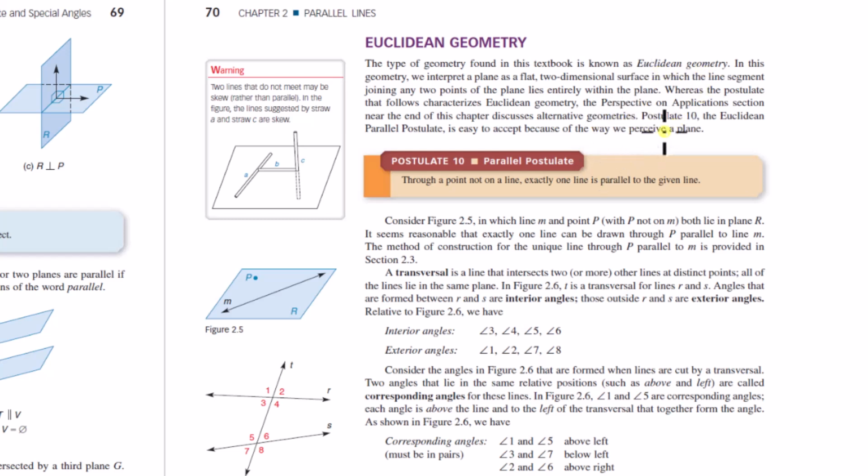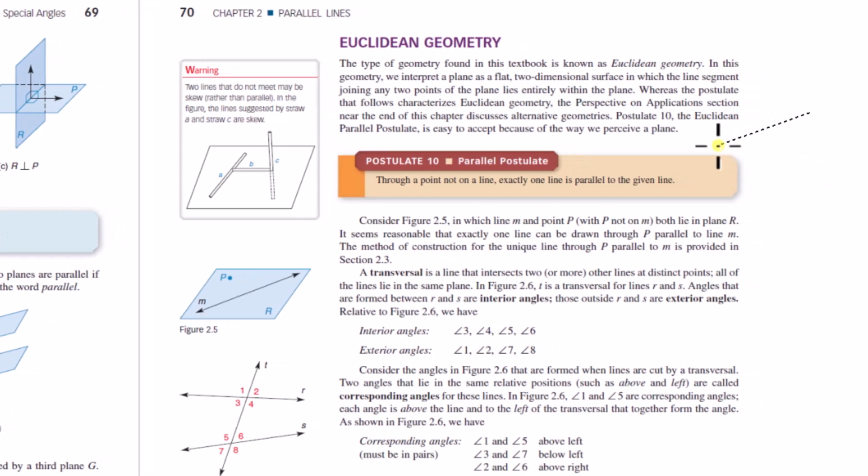So this next postulate here, the Euclidean parallel postulate, is easy to accept because of the way we perceive a plane, as just described. Okay. The parallel postulate: through a point not on a line, exactly one line is parallel to the given line. Okay? So, again, what is this saying here?